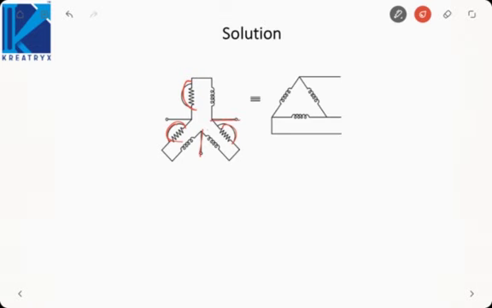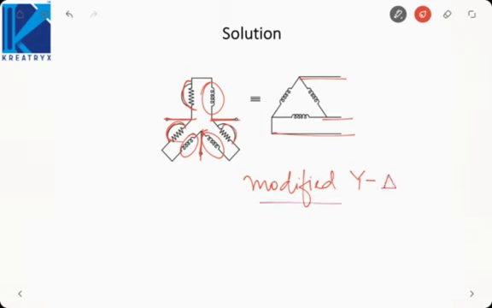Between these two terminals there is one winding. Between these two terminals there is one winding. Between these two terminals there is one winding. So it has become the delta connection. That way I never had to disconnect the windings from the supply, and as well as I have changed the connection from star to delta. So it is a modified star delta starter, which removes the difficulty that we have to disconnect the winding from the supply. Okay, so that is one of the methods for starting the induction motor.